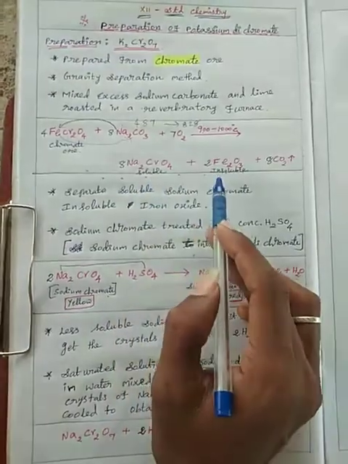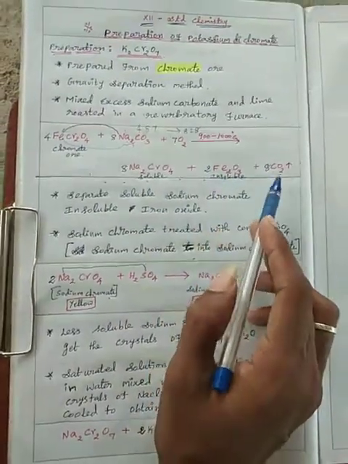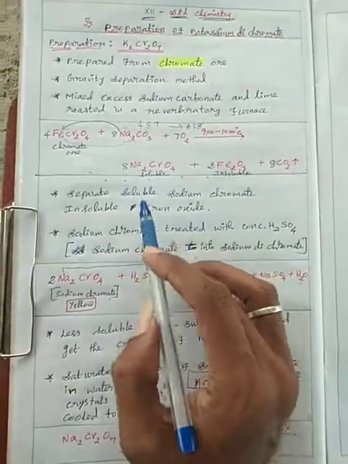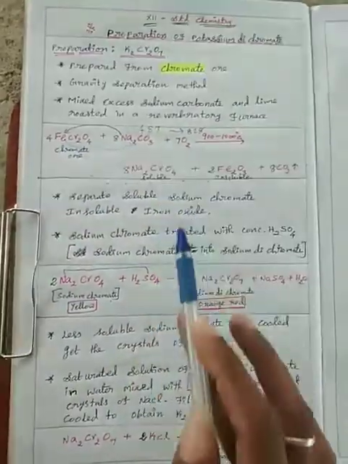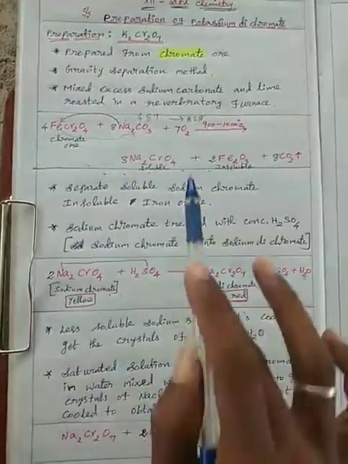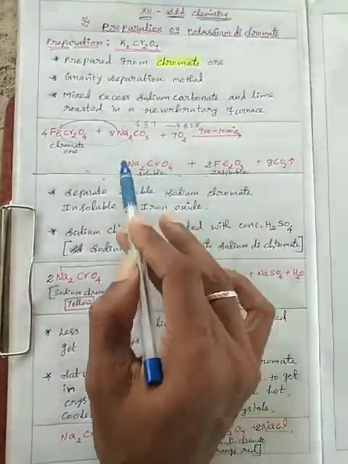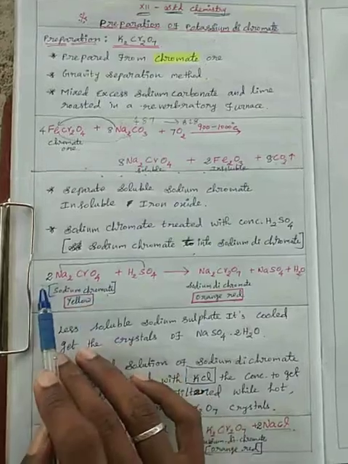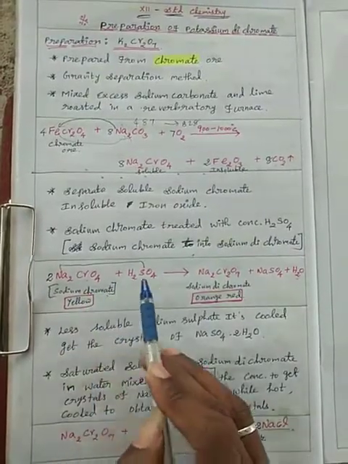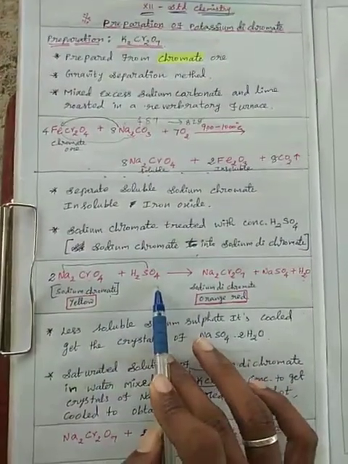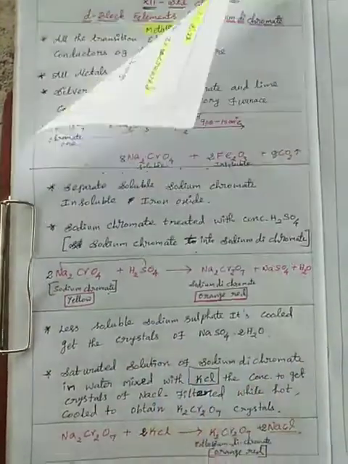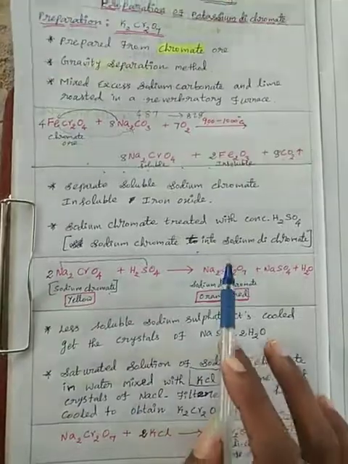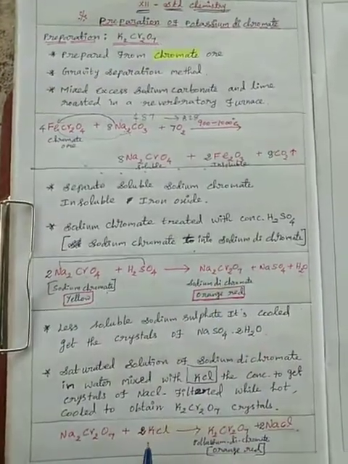Soluble sodium chromate, insoluble iron oxide and carbon dioxide. Next, chromate changes into sodium chromate. Then write 2 moles of sodium chromate added with sulfuric acid to give the product sodium dichromate, yellow to orange red. Next you directly write adding potassium chloride.